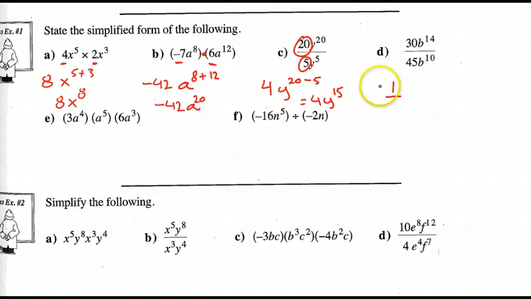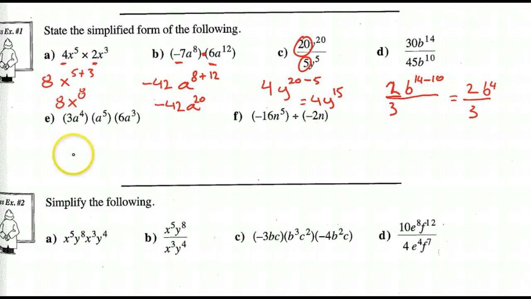So let me change that. 2 over 3. And I'll extend my line here, and I will get b to the 14 minus 10. Okay, in the final answer, I get 2 over 3 b to the 4.